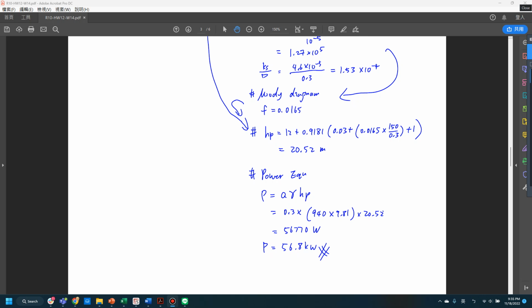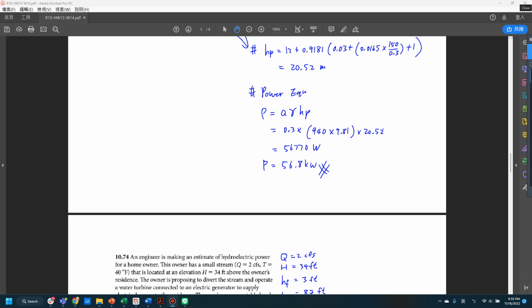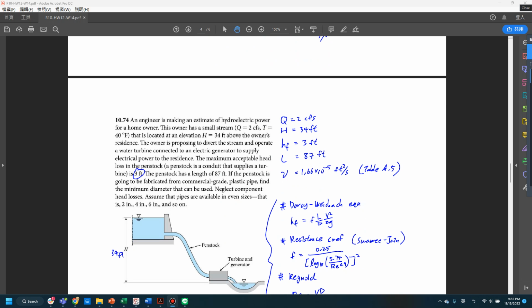So the power is equal to 56,770 watts, and that will also equal approximately 56.8 kilowatts. Good, so we can move on to the next one.